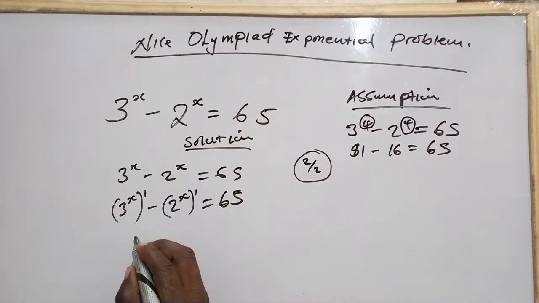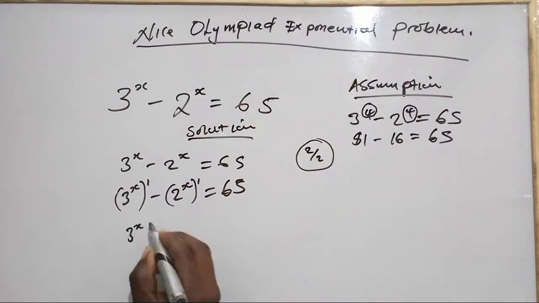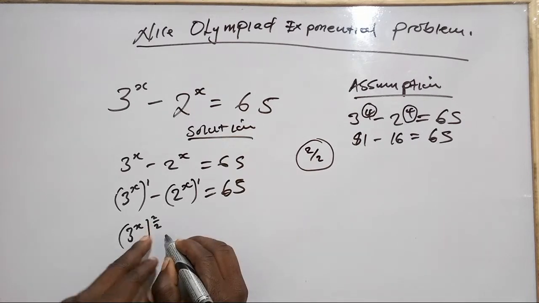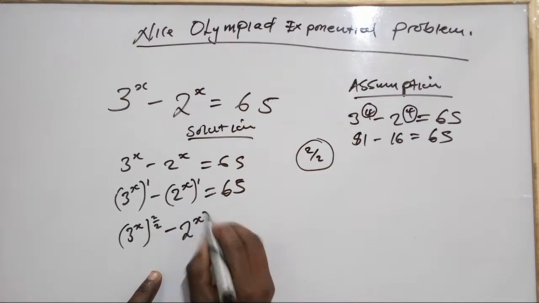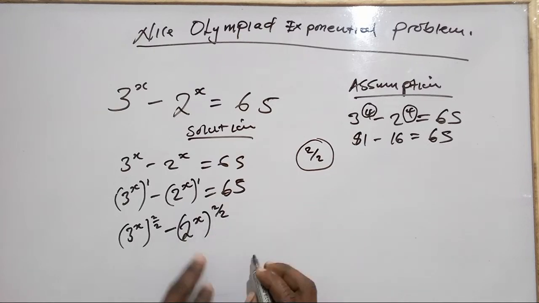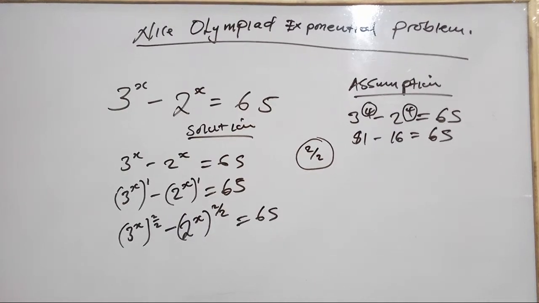We can say 3 power x to the power 2 over 2, then minus 2 to the power x, with 2 over 2, which equals 65, right? I hope you're following.